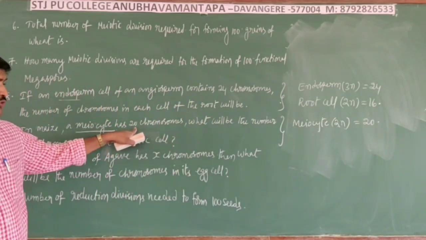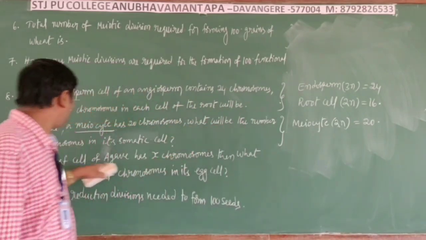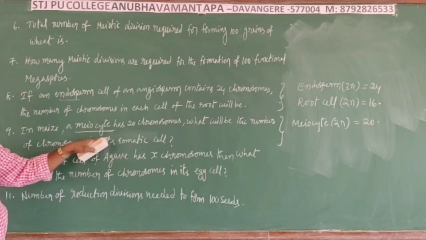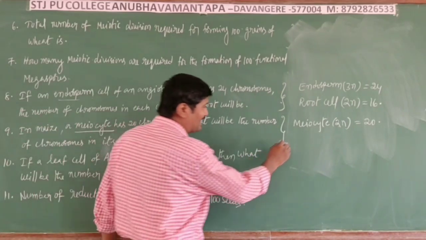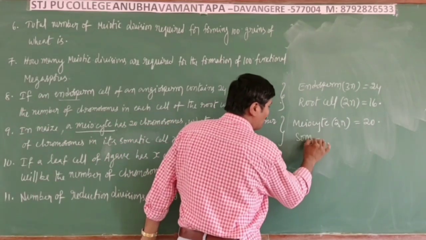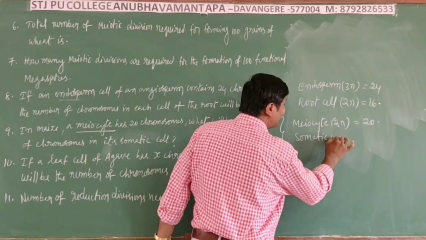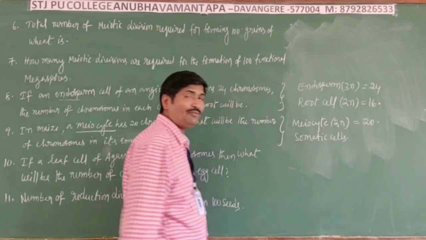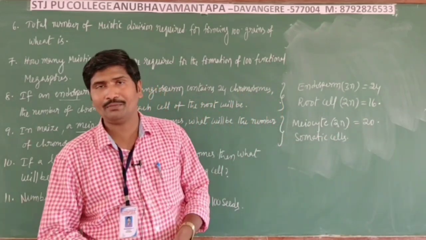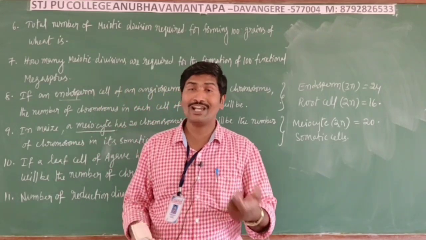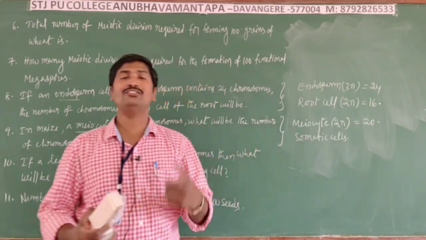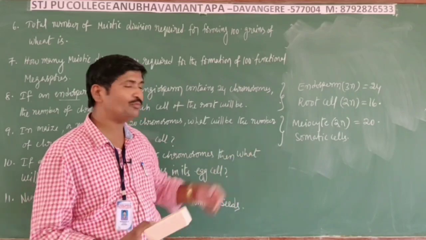What will then be the number of chromosomes in its somatic cells? What are somatic cells? Vegetative cells. What are the main vegetative parts of the angiospermic plant? Root, stem, leaf. These are the vegetative parts of the plant body.